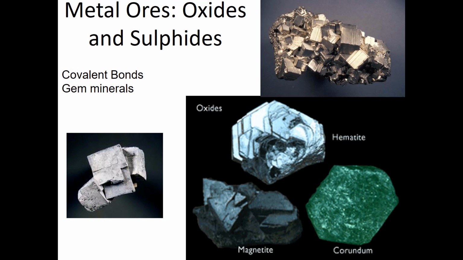In fact, many of the great gemstones are oxides, like corundum; rubies and emeralds are all examples of oxides. So it's a fairly diverse class, and again, not necessarily common by volume, but sometimes, in the case of hematite or magnetite, can be quite widespread in the right conditions.